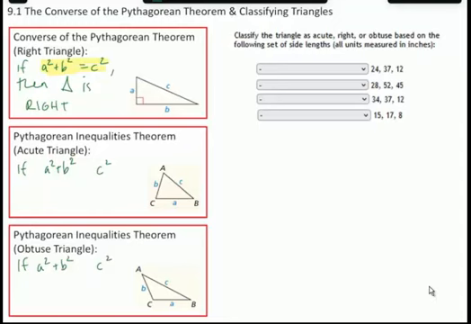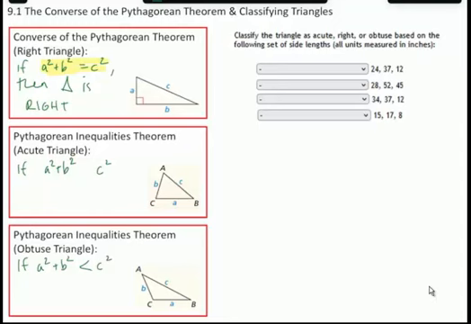What if that length was bigger than in a right triangle? What if c squared is greater than the sum of the squares of these? So imagine me growing this c squared. What happens to the triangle? What kind of triangle does that become? Obtuse. So if you have a squared plus b squared, where the c squared value is greater than it is in a right triangle, it extends out and it forms that obtuse triangle. Right, if we come back to that same illustration, here is your Pythagorean theorem. c squared is equal to a squared plus b squared.